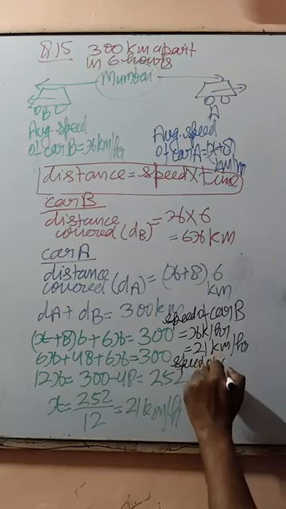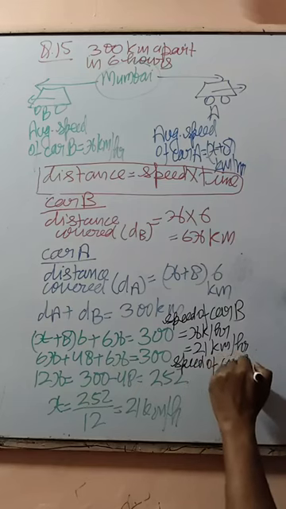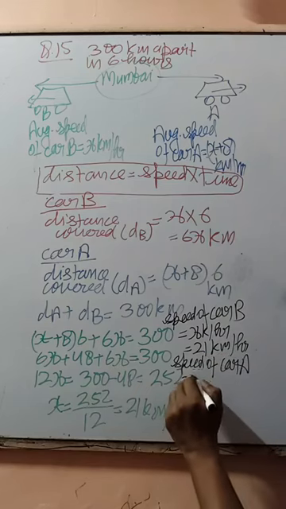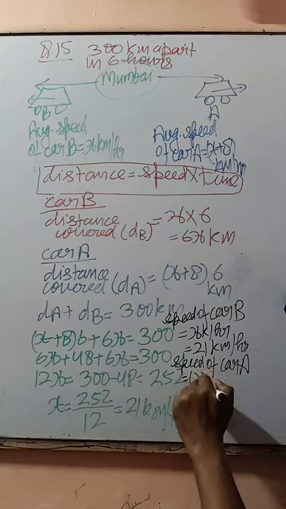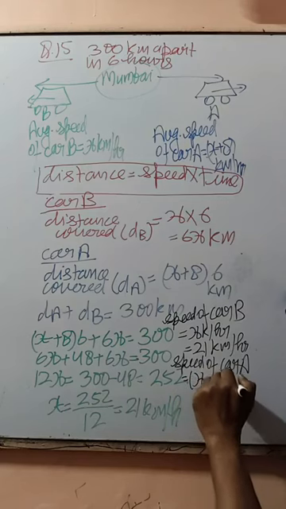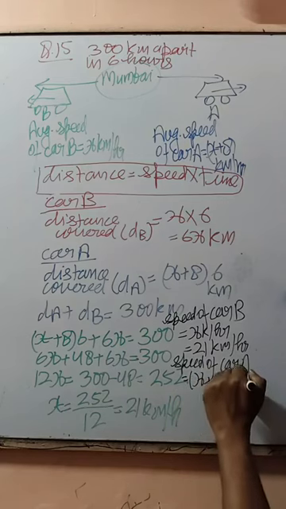speed of car A is equal to x plus 8 kilometer per hour.